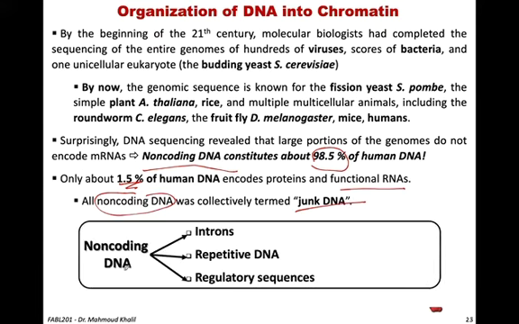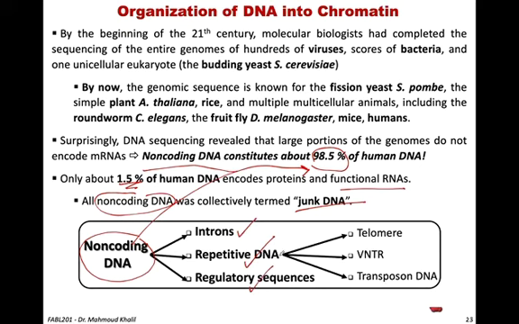And this non-coding DNA, which is around 98.5%, actually consists of introns, repetitive DNA, and regulatory sequences. And the repetitive DNA is either telomeres, VNTR, variable number of tandem repeats, and transposons.